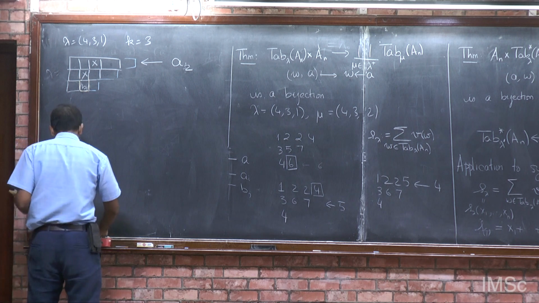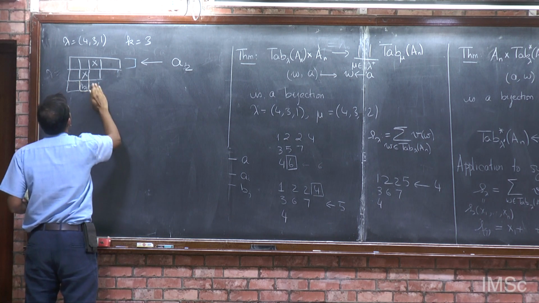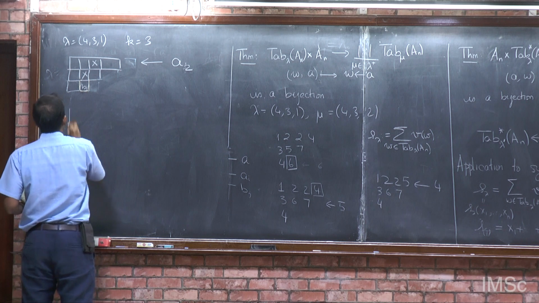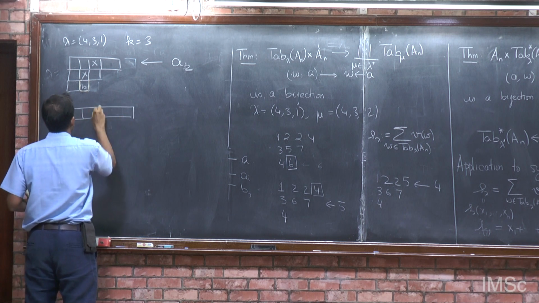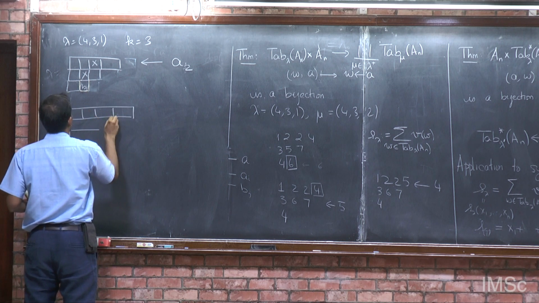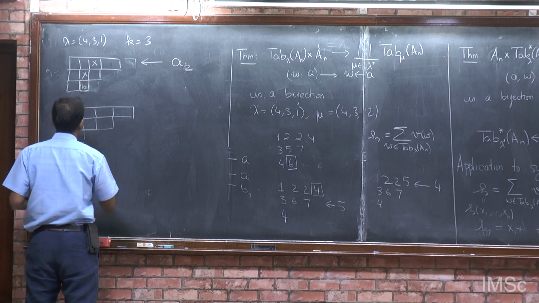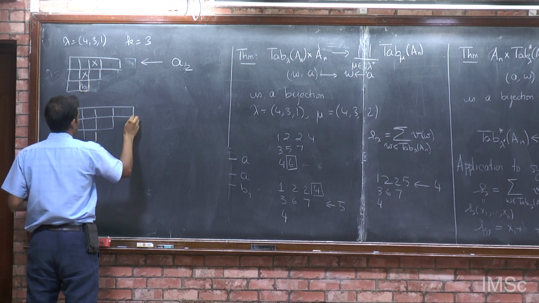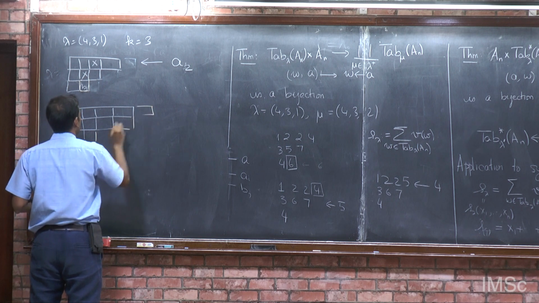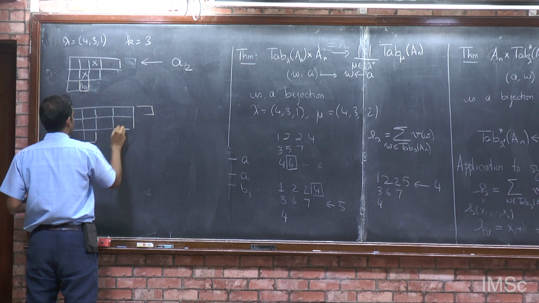Okay, and now suppose I know that I have added 3 boxes. So, I had this thing and I know that I have added 3 boxes, say this, maybe this and this. These are my new boxes.